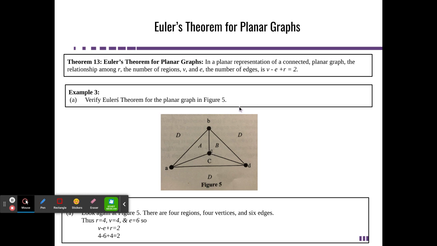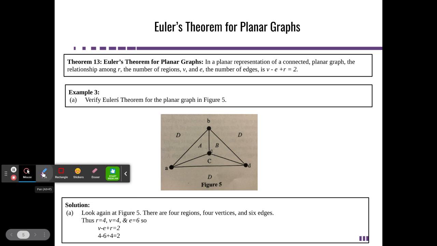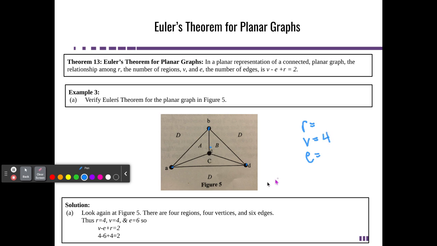So if we wanted to verify Euler's theorem for a planar graph in figure 5, we would start this guy off and say to ourselves, okay, let's see what we have. So regions, and then vertices and edges. Vertices and edges we're getting pretty comfortable with. So vertices 1, 2, 3, 4. So there are 4 vertices.